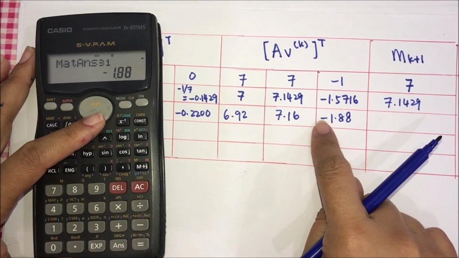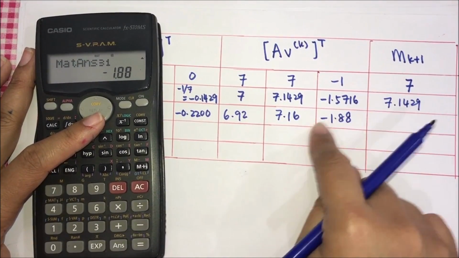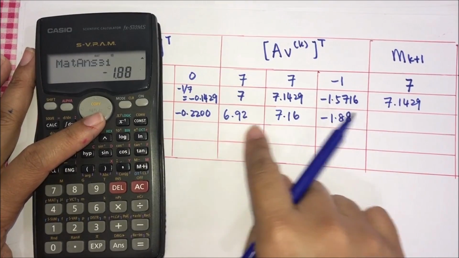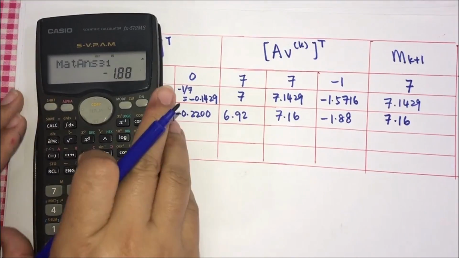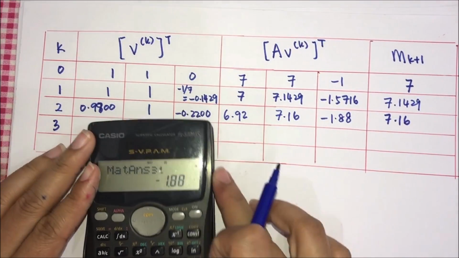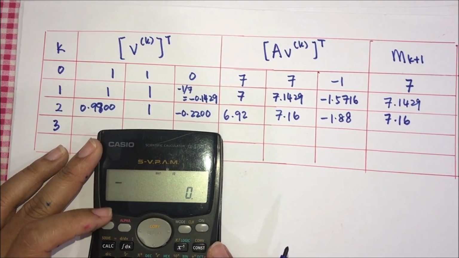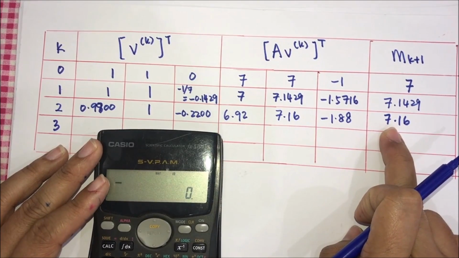If, let's say, this one is negative 10, you have to take negative 10, because we don't mind the positive or negative signs. Now the dominant is 7.16, so for the next iteration, we take 6.92 divided by 7.16.